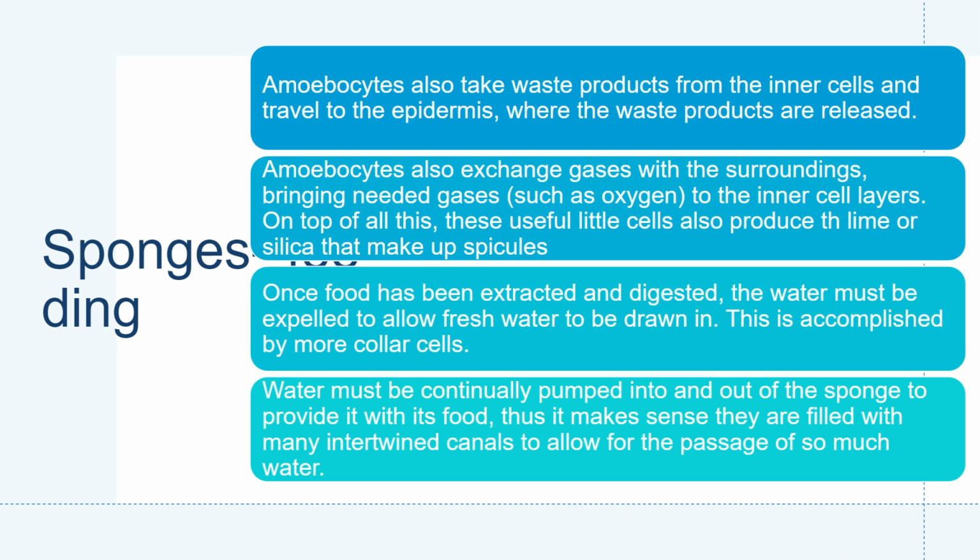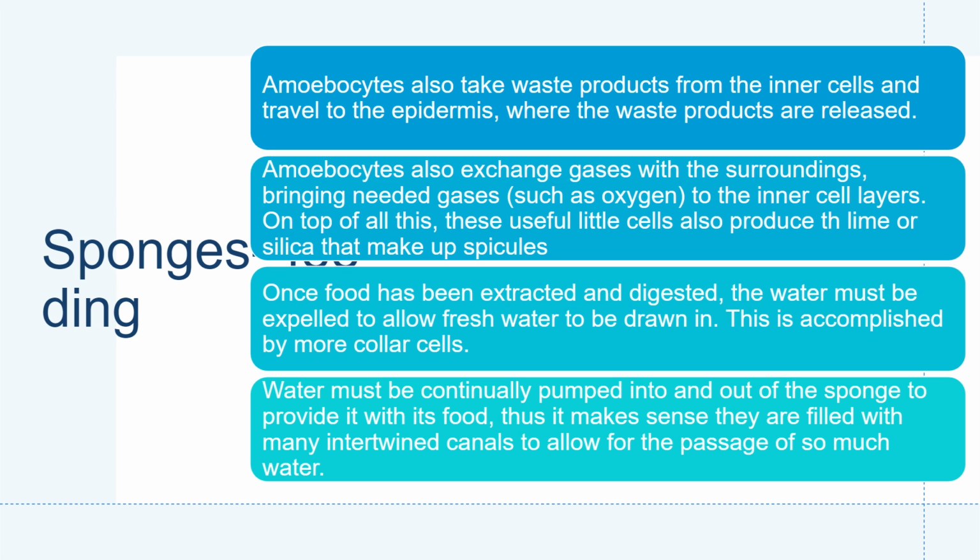All right, next we can look at the amoebocytes in more detail. They not only help process food products, anything that is considered waste will be released from the amoebocytes, travel to the epidermis and then be released outside the organism. They can also function slightly in gas exchange, and they can communicate to the inner cell layers. So they're very useful.